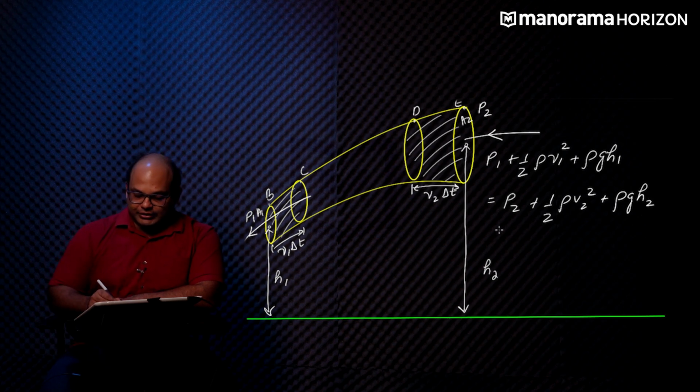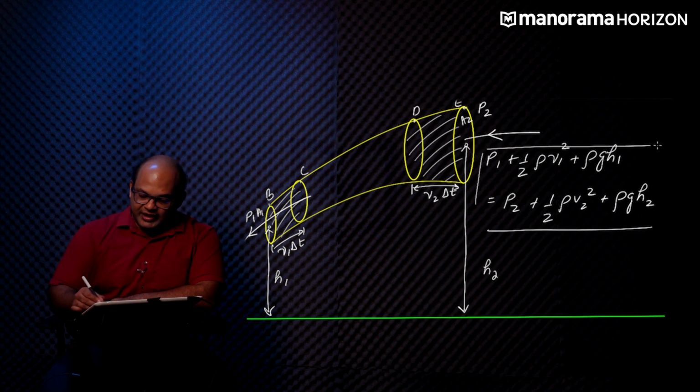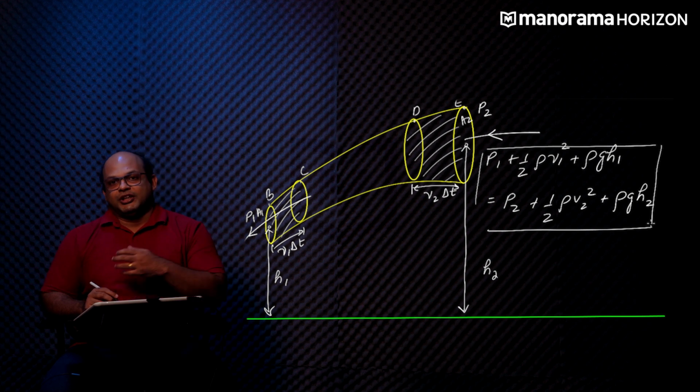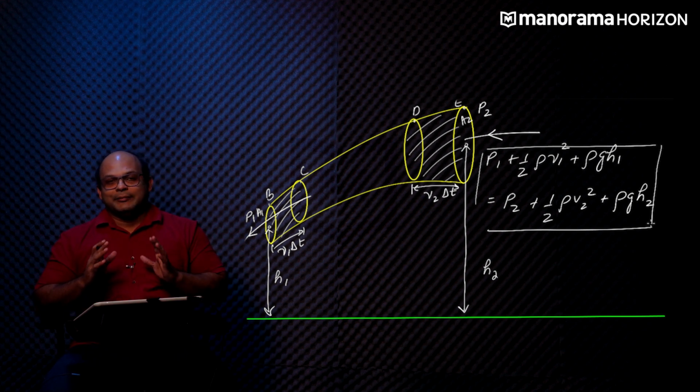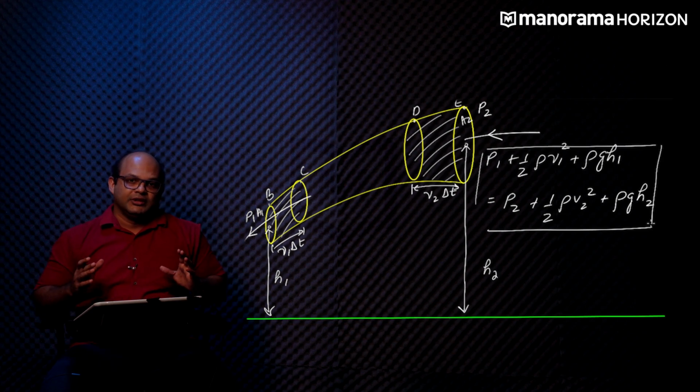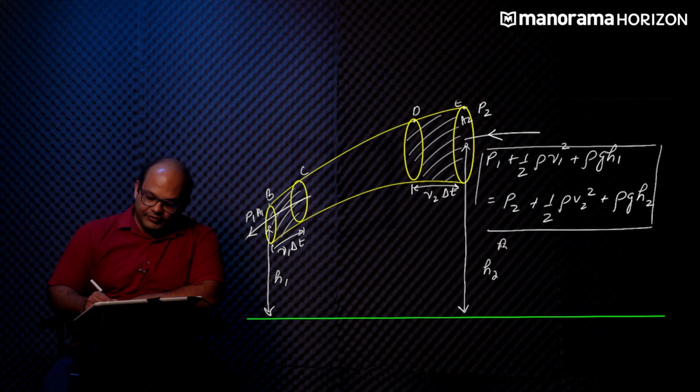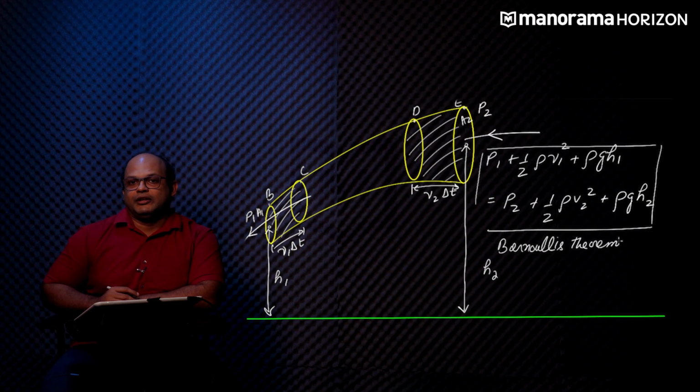So this equation, which tells us that the sum of the pressure energy, potential energy and kinetic energies of the fluid remain the same at all points within the flow, is what we know as Bernoulli's theorem. So Bernoulli has in essence restated the law of conservation of energy for a specific class of fluids.